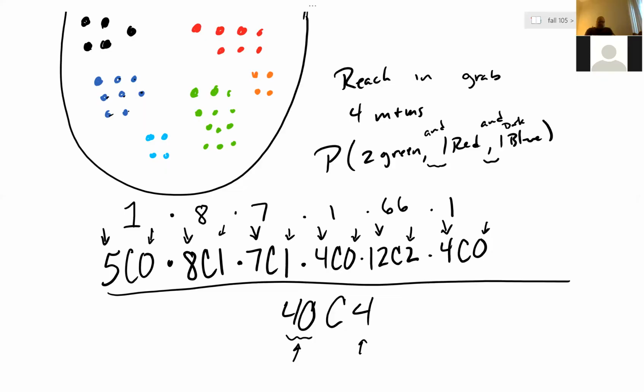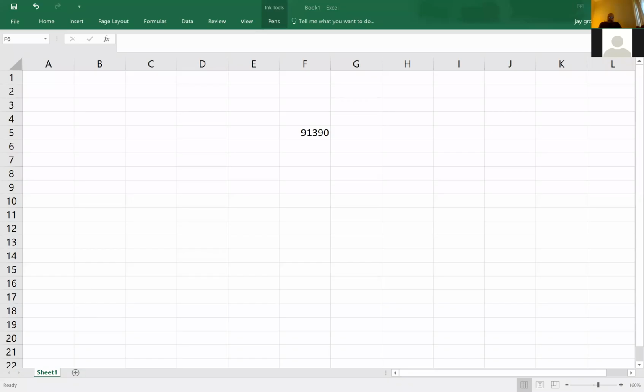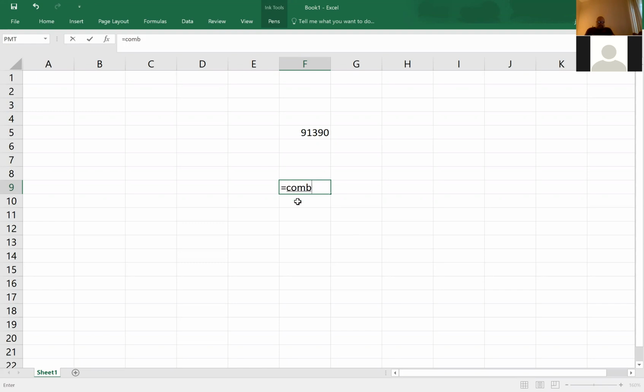So I'm going to share with you here real quick. And it's not really a trick. It's just something that you learn over the years. Equals combin parentheses 12 comma 2.